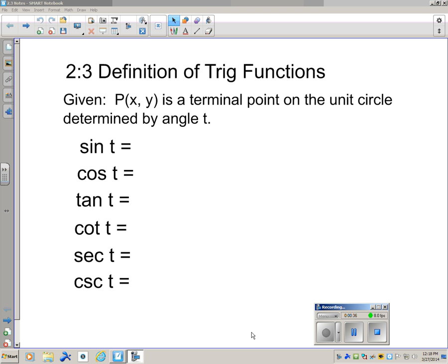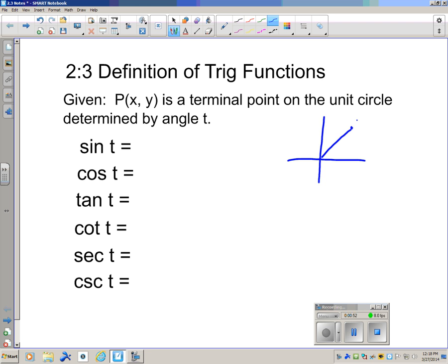So on the unit circle, we know that our angle is going to be, we'll call it angle T. On our unit circle, for instance, here is the ordered pair square root of 2 over 2 and square root of 2 over 2 at 45 degrees.